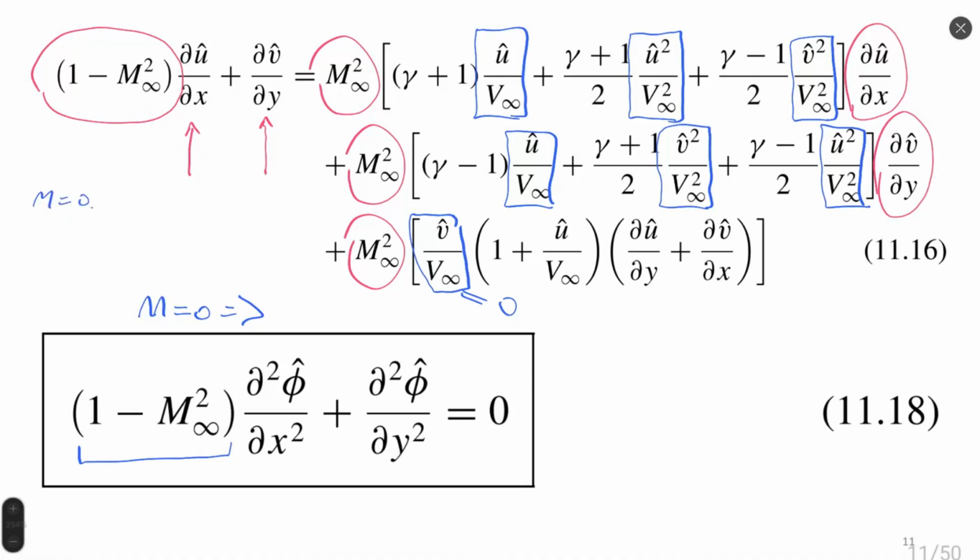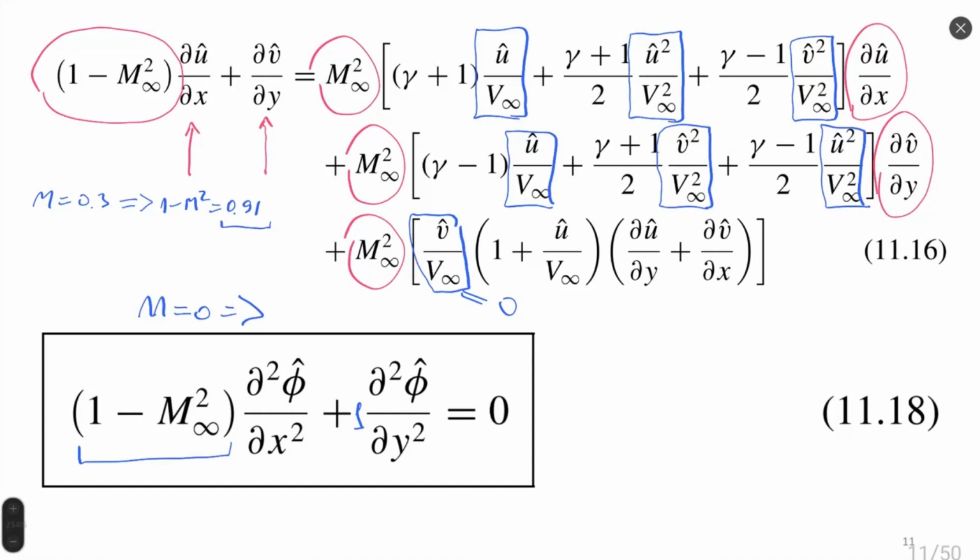So if Mach number is equal to 0.3, then 1 minus M square would be 1 minus 0.09, which is 0.91. This coefficient 0.91 is very close to 1. It stands before the second derivative in the x direction, and then near the y direction we have coefficient 1.